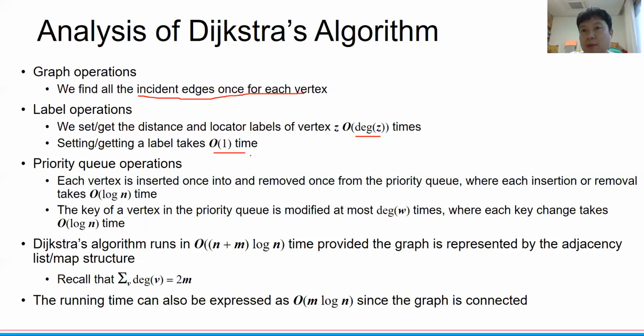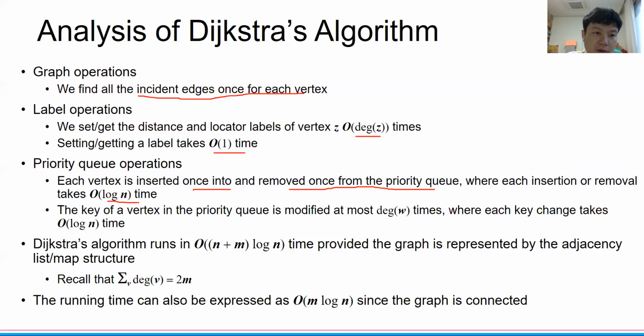Do you still remember the priority queue? Okay. So in the priority queue, you can set the value. The value means that you want to prioritize the vertex which has the minimum one. So with the priority queue operations, you can insert into and remove from the priority queue, and it takes O(log n).